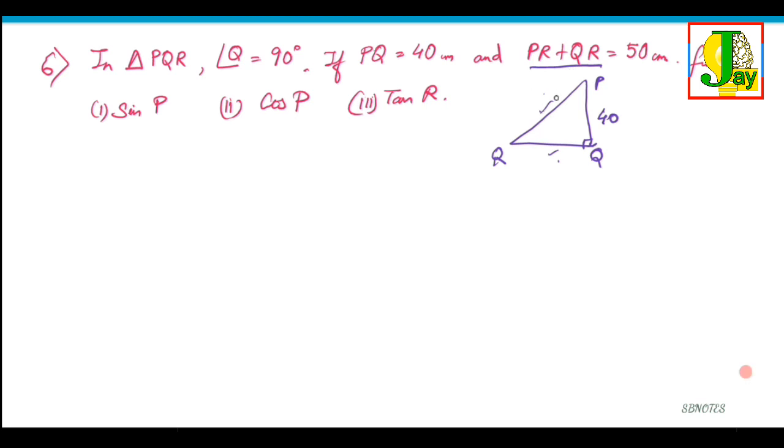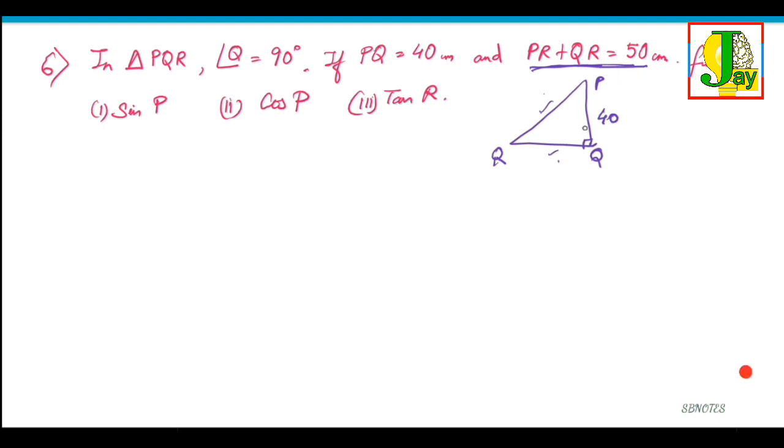So what you are going to do is, if you take one of these sides as x, let us take PR as x or QR as x, it doesn't matter, whichever side you take as x, the other side becomes 50 minus x. So whatever the condition is given, according to that you have to use it.